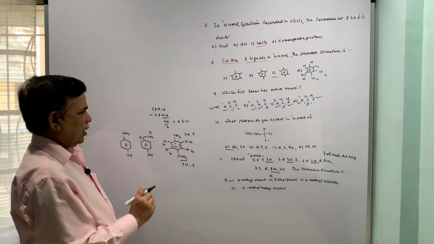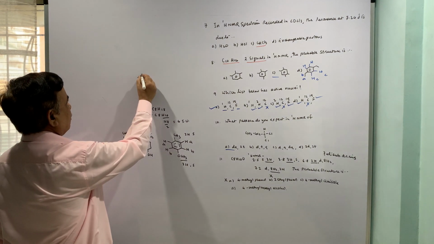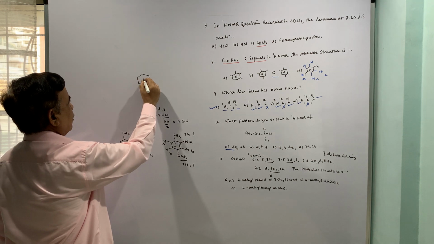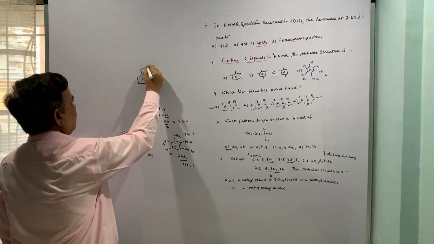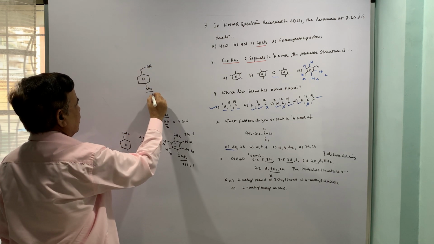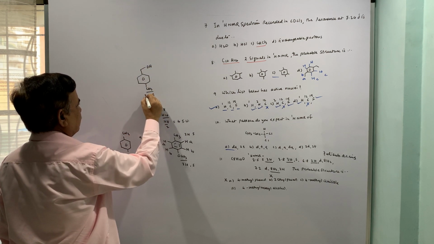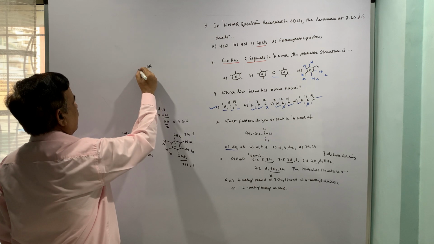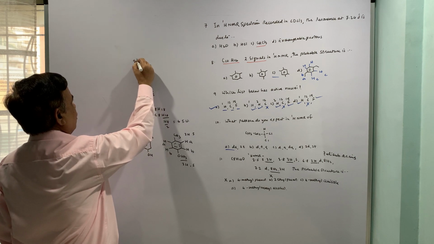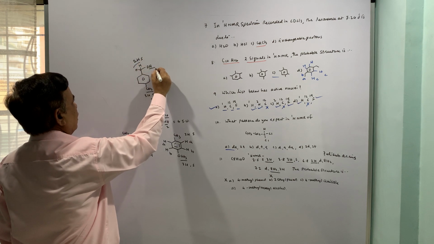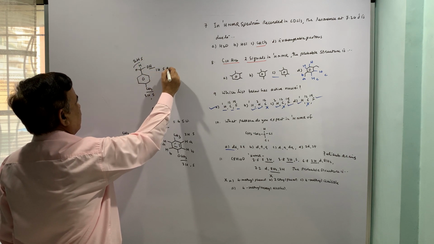Last one is 4-methyl benzyl alcohol. 4-methyl, I will put methyl here. The problem is this will give singlet, but 2 proton it will be singlet, 1 proton singlet exchangeable.